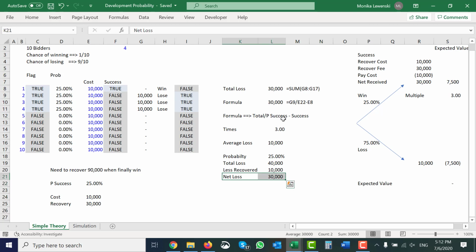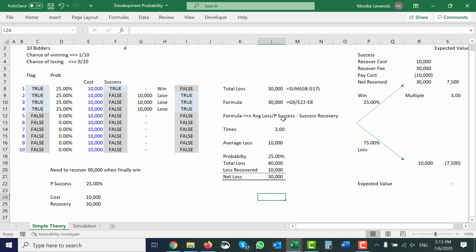Okay, and then we have this method where it's the average. This is the average loss. Average loss divided by the success recovery. So let's just try it one more time.